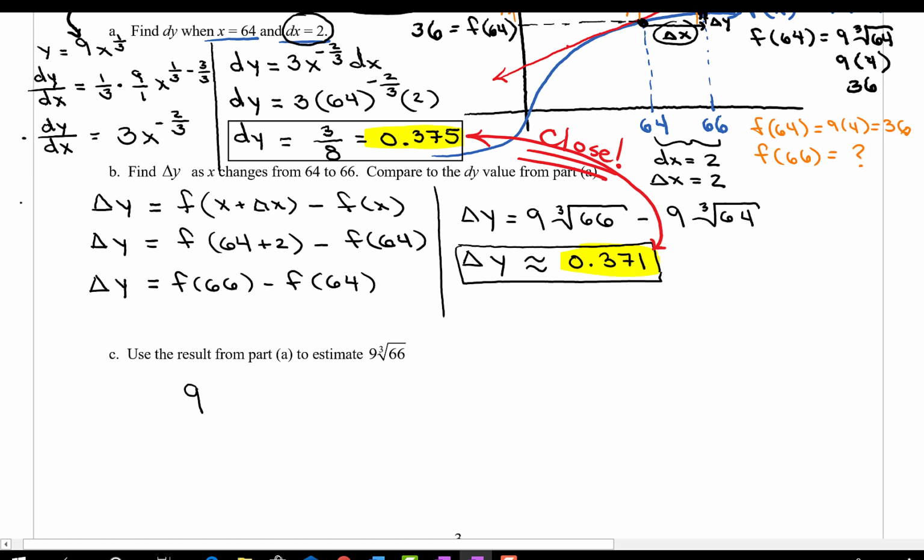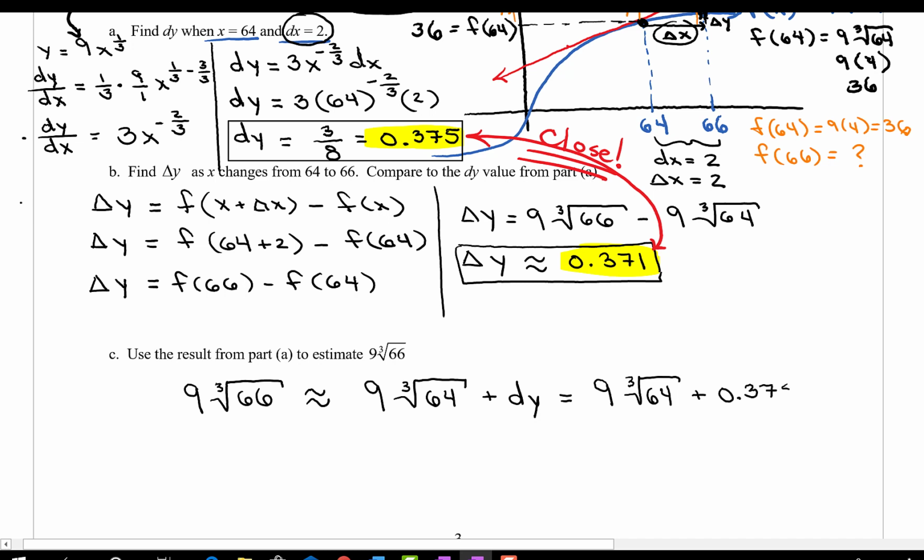But for our purposes, like I said, let's just pretend we're on a deserted island and we don't have a calculator, and the islanders want you to figure this approximation out. And they're like, please figure this out for us. And you're like, okay. So 9 cube roots of 66 is approximately equal to 9 cube roots of 64 plus dy.